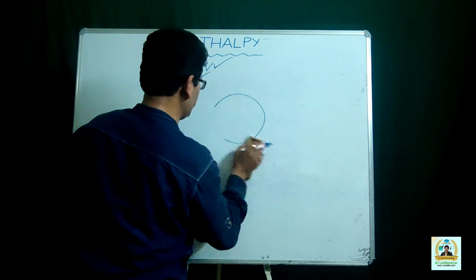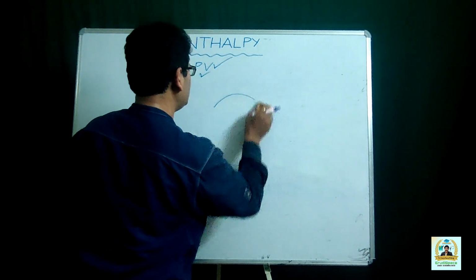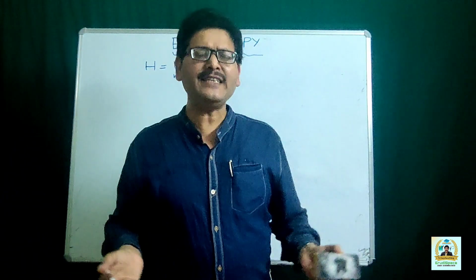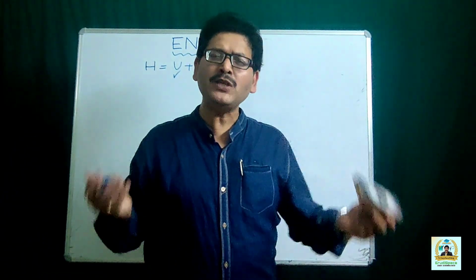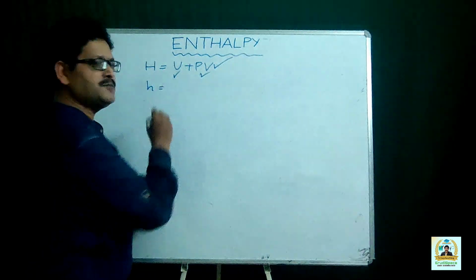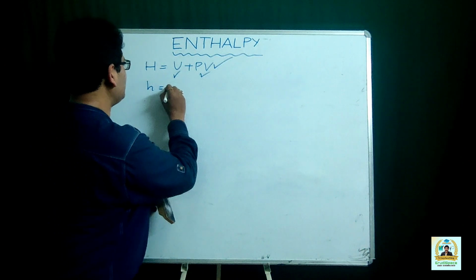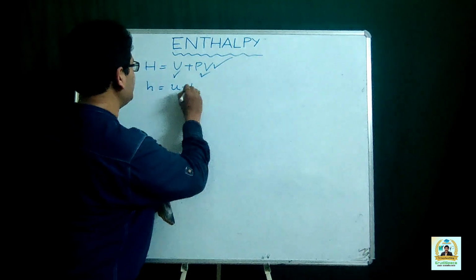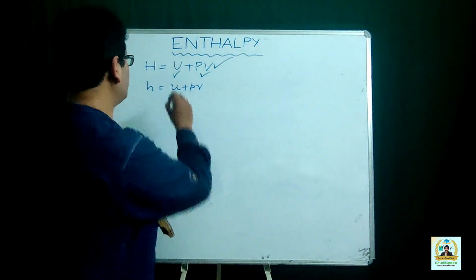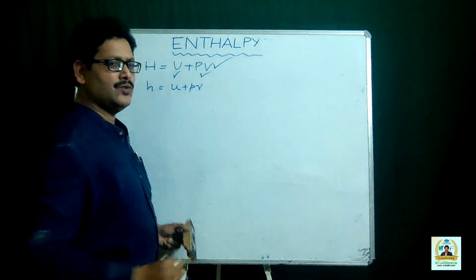Now the enthalpy is usually not represented by capital H; always we use the small h, which represents the specific enthalpy, and specific enthalpy may be represented like this: small u plus small p into v.